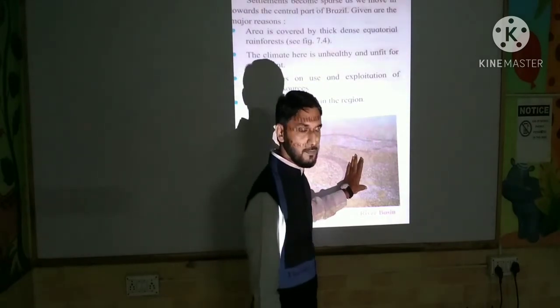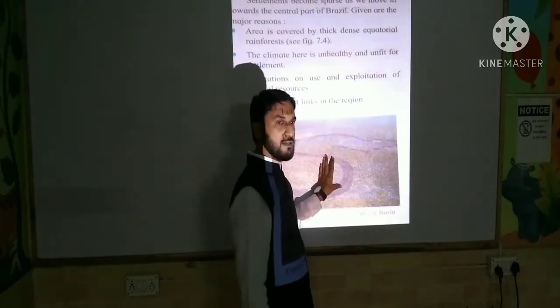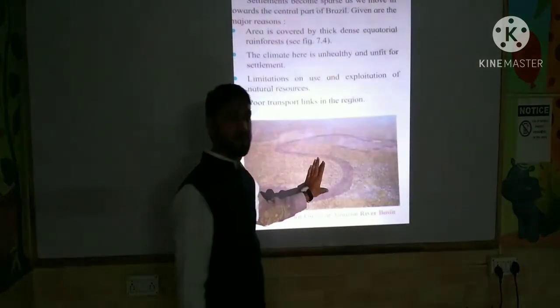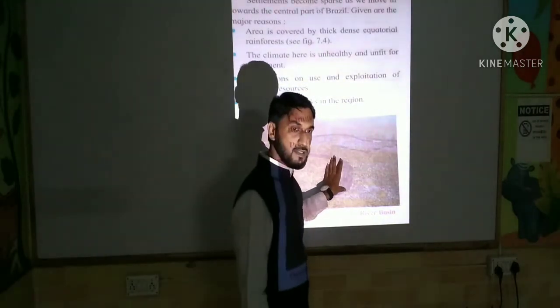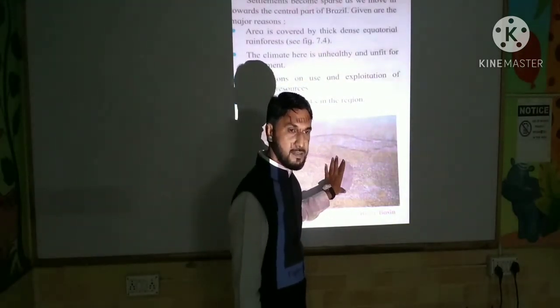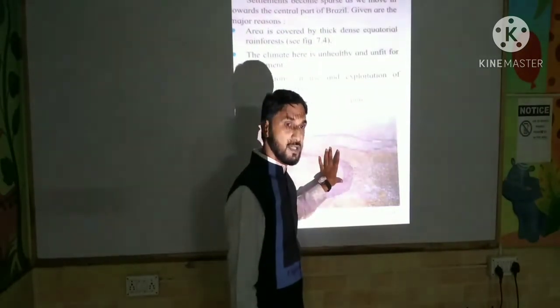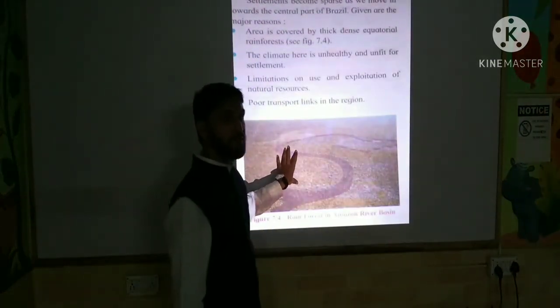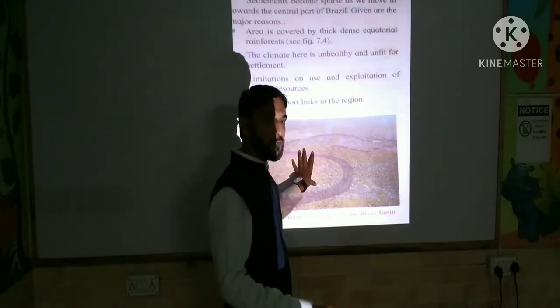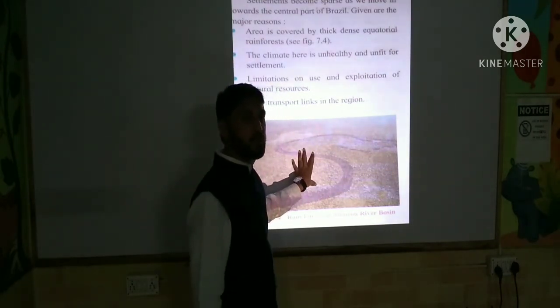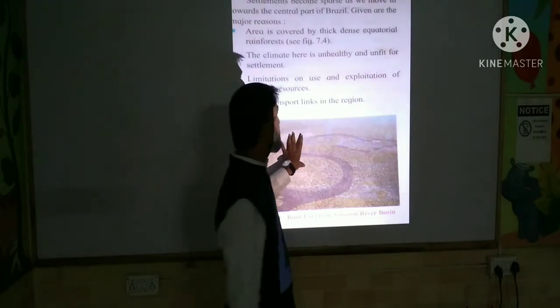This region is located in the equatorial region, where convectional type of rainfall takes place throughout the year. So dense forest is the first point. So less population, it means population settlement did not take place mostly in this region.